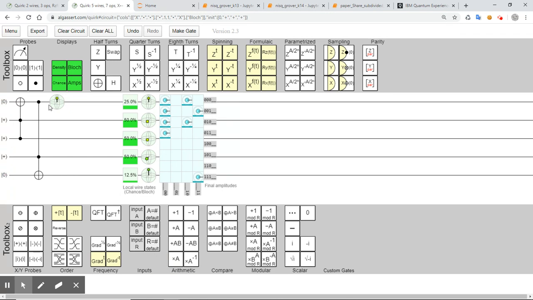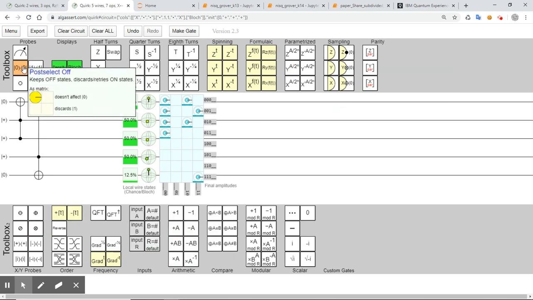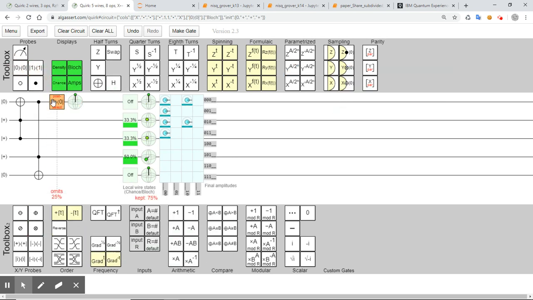And so in theory, if I say, for example, let's post select and let's assume that this is going to, let's post select for 0, right? What does it do to our state? It doesn't seem to do anything bad.